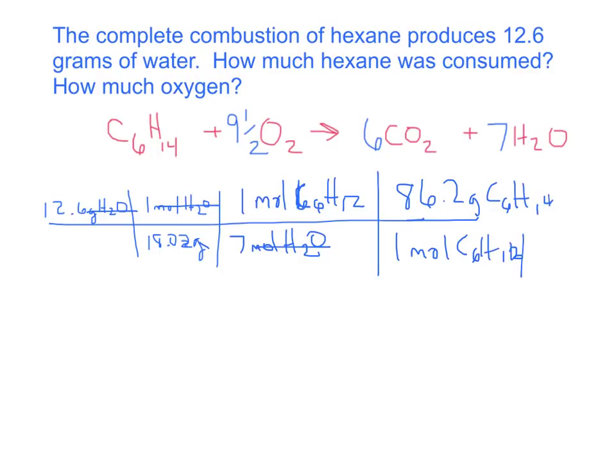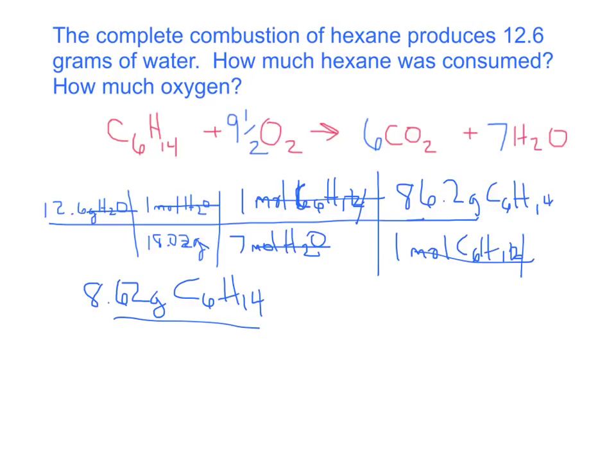I started writing 12s, and it's a 14, my bad. That's the correct mass for the C6H14. It comes out with correct sig figs to be 8.62. So if you combust 8.62 grams of C6H14, you could expect to get 12.6 grams of water as a product.